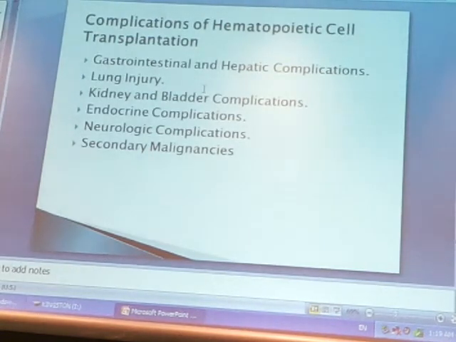So we just give small doses of chemotherapy to suppress the immune system of the recipient, and give the job to the immune stem cells of the donor to attack the malignant cells of the recipient. This is what we call reduced intensity conditioning.